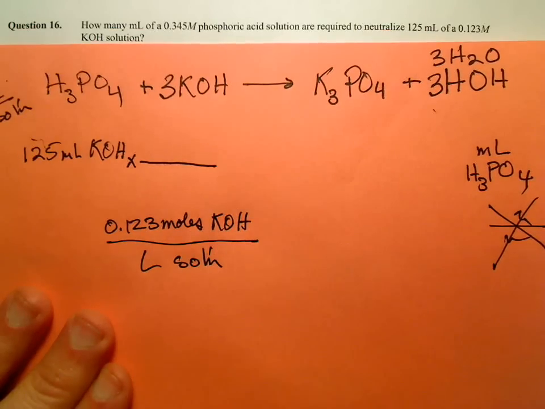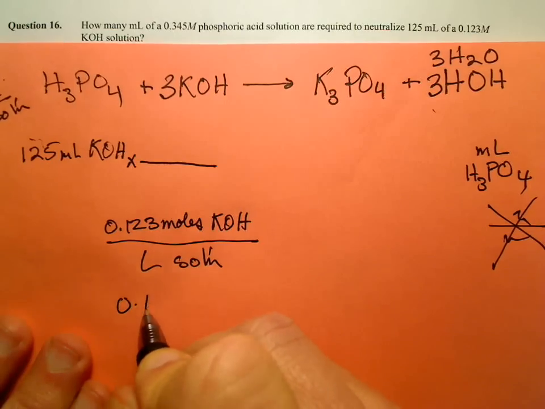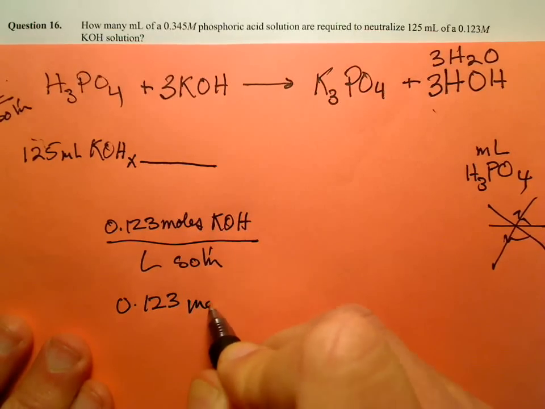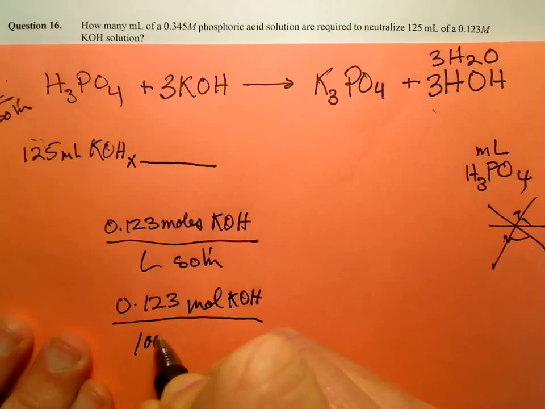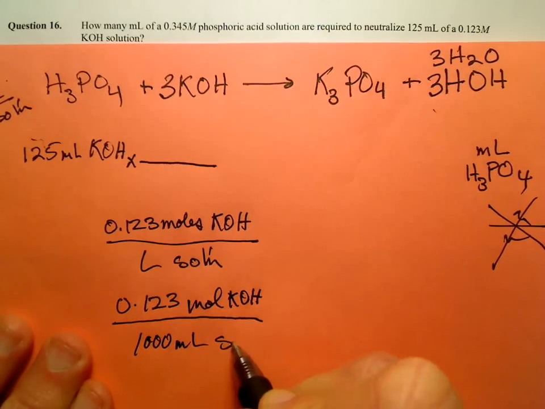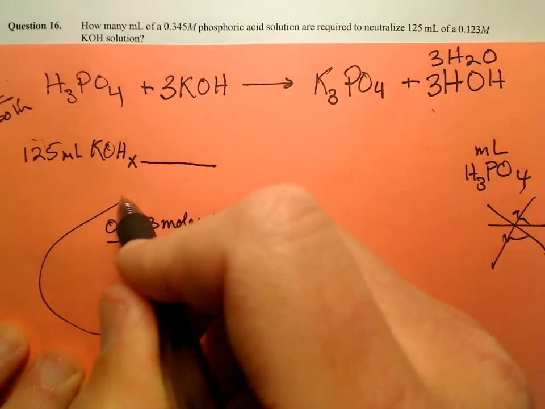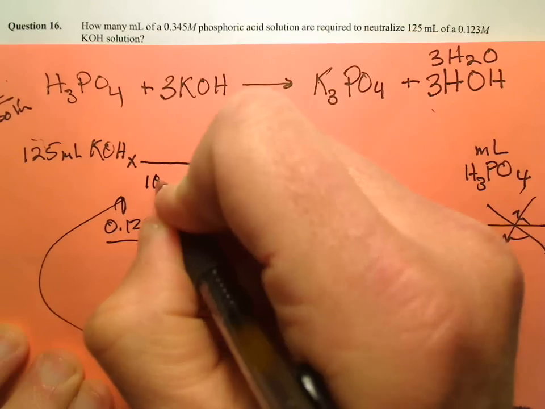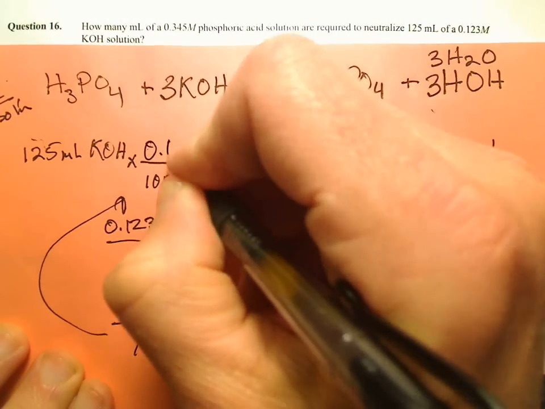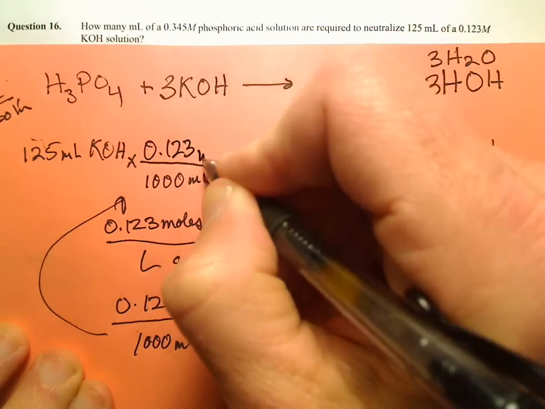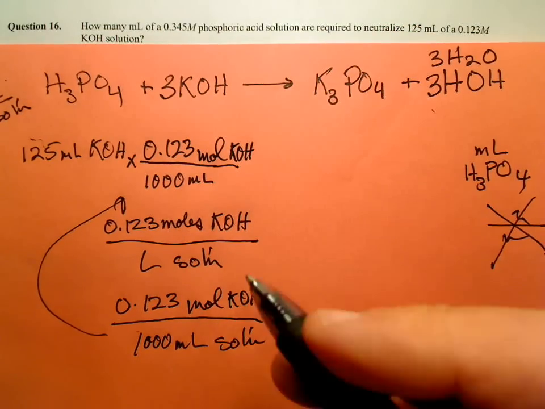Well, how many milliliters are in a liter? 1,000. So I could also say this is 0.123 moles KOH in 1,000 milliliters of solution. That's what I'm going to use, so I can cancel this milliliter. So I'm going to say, okay, 1,000 milliliters of solution is 0.123 moles of KOH. All right, bingo, into moles.